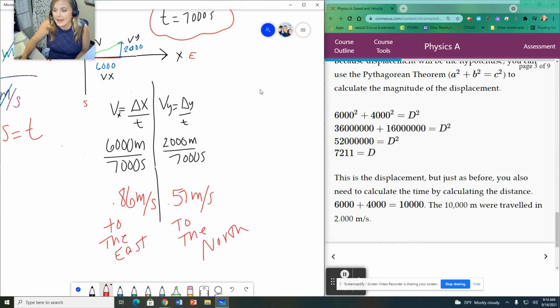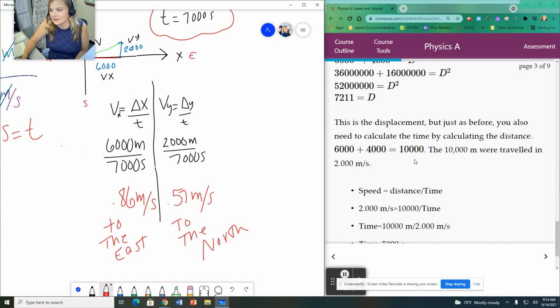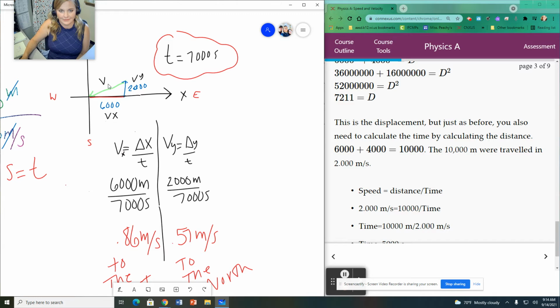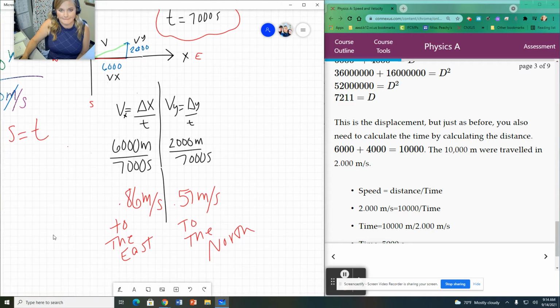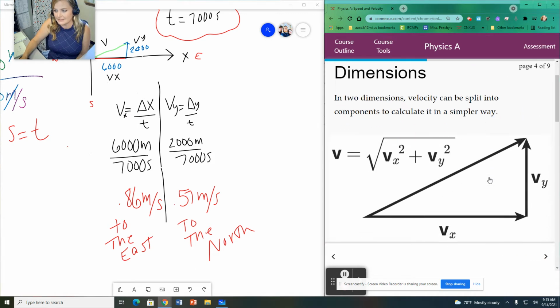It does go on, there's like a slide that comes up after this where it tells you how to get that V, because we didn't do V here. V is right here, right? That's important. We oftentimes want to know, hey, what is our net velocity? Not necessarily the components of each. So that's coming up in the next couple of slides.